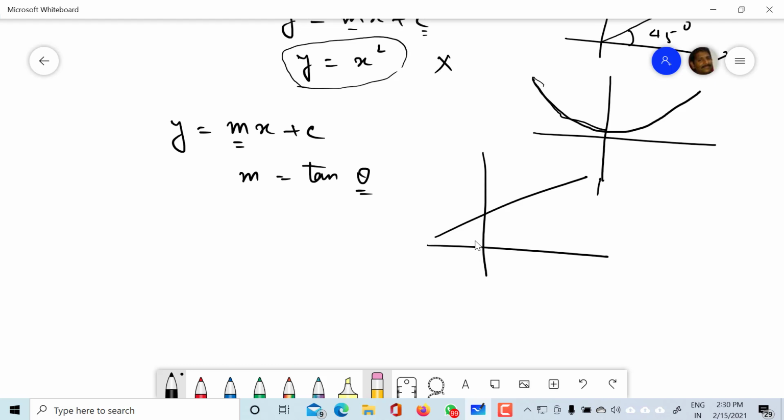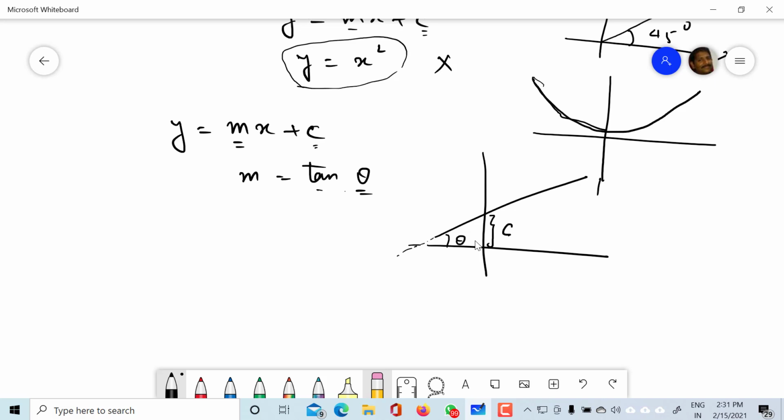Suppose this is your line, then the angle with the x axis is this angle. So this is the value of m with applying tan theta. What is c? C is that value which is distance on the y axis where the line is cutting the y axis. That means this distance is c.